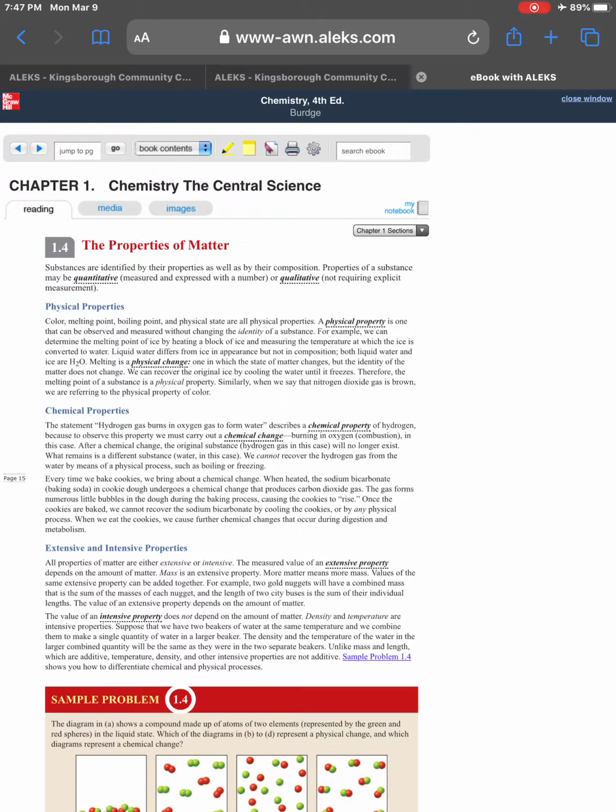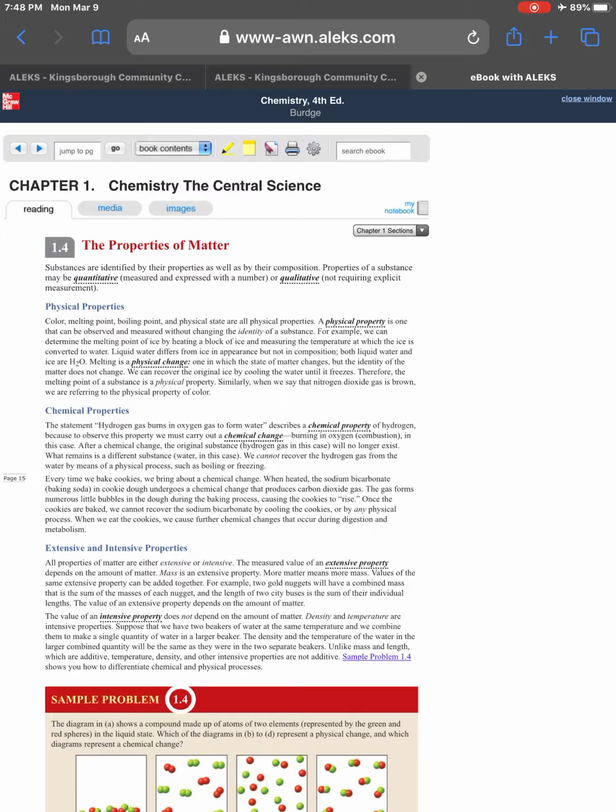On the other hand, if we cool it back down, it becomes liquid water again. So it's still water. In both states, as a liquid and as a gas, that water or steam is still H2O, the chemical formula we use. So that's a physical property: the state of the matter or the boiling point.